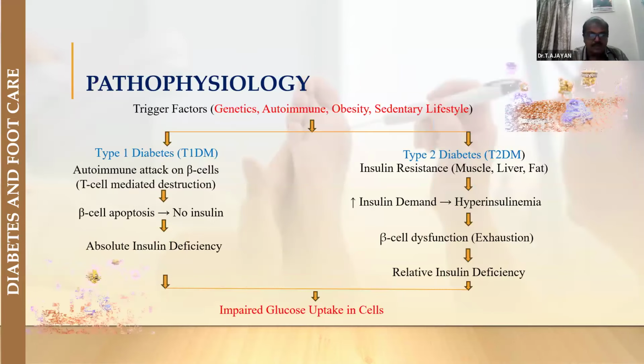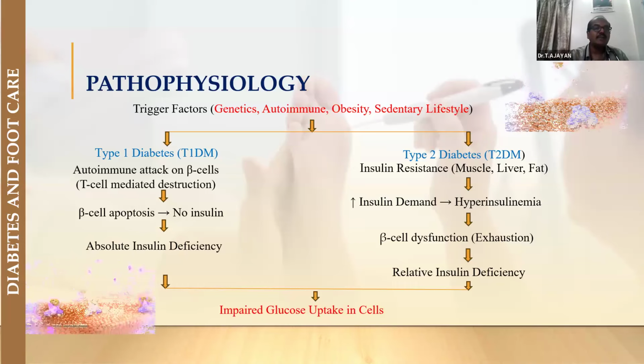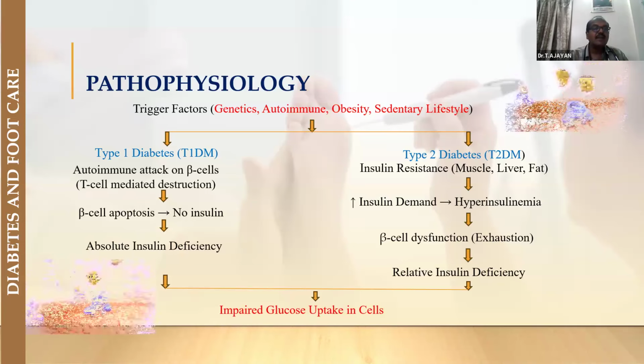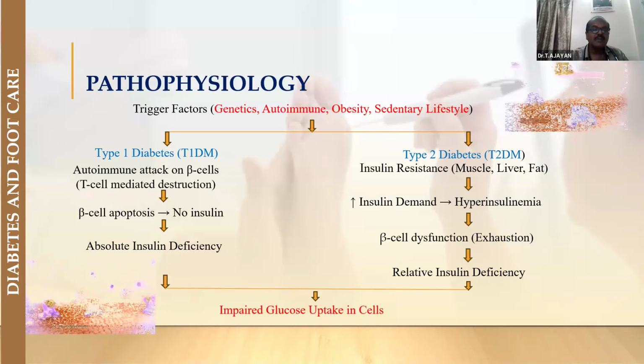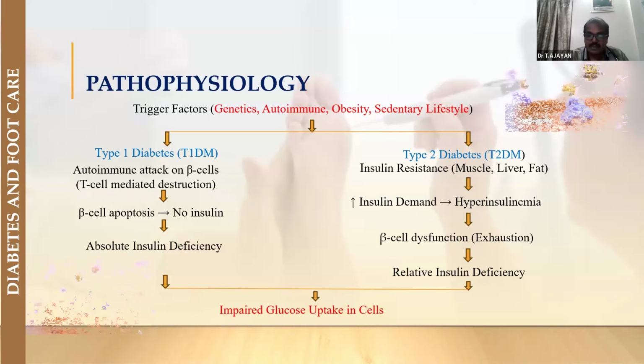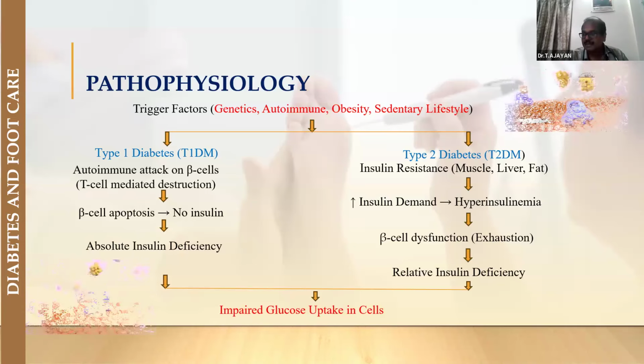Then, as I just mentioned, the pathophysiology. Type 1 diabetes and type 2 diabetes mellitus are the common types. Type 1 diabetes mellitus is an autoimmune attack on our beta cells. The beta cells undergo apoptosis, therefore there is no insulin, an absolute insulin deficiency that can lead to impaired glucose uptake in the cells.